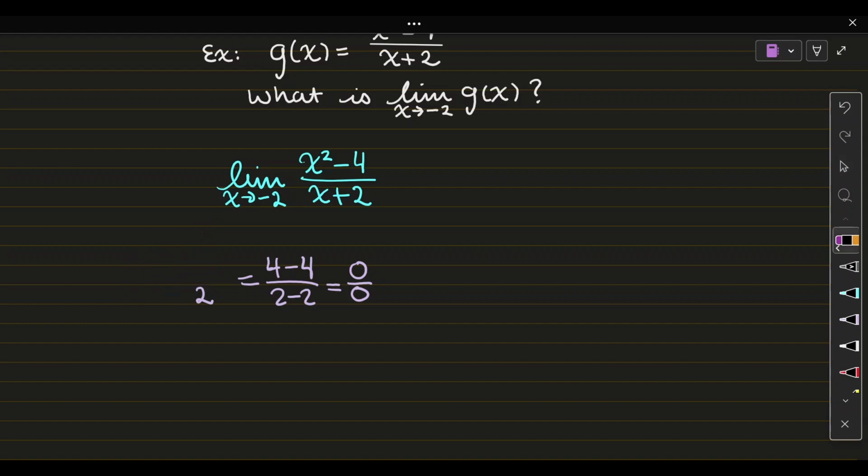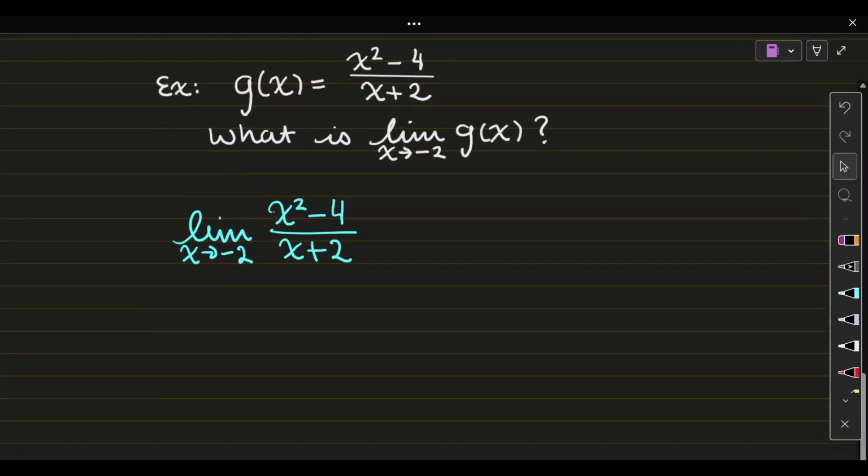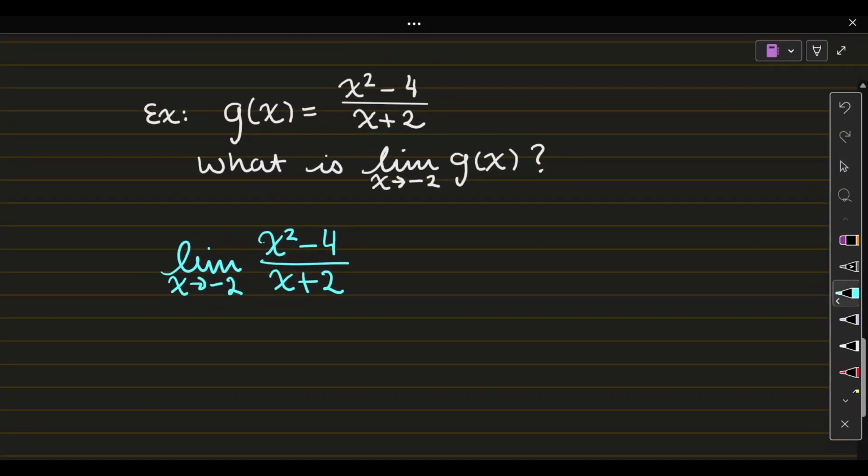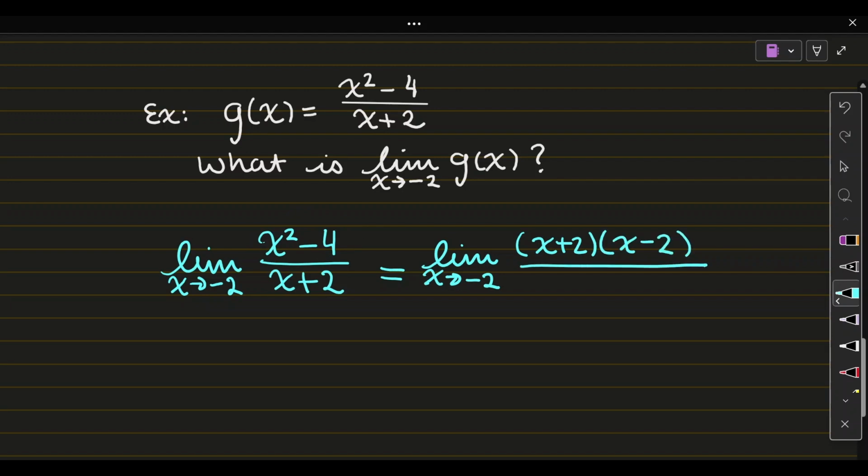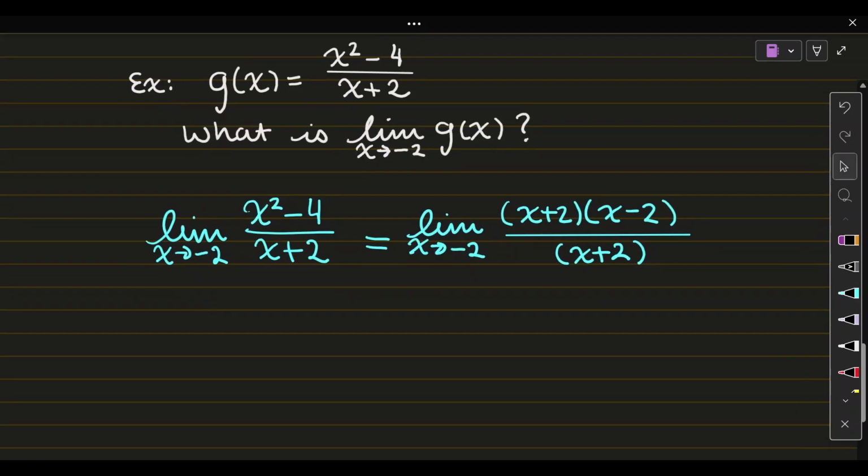So what we do instead is we do a little bit of algebra first. And this is a general strategy for computing limits, because limits allow us to do a little bit of algebra. So I can rewrite this as the limit as x goes to negative 2. This is a difference of squares, which I can rewrite as x plus 2 times x minus 2. Great.